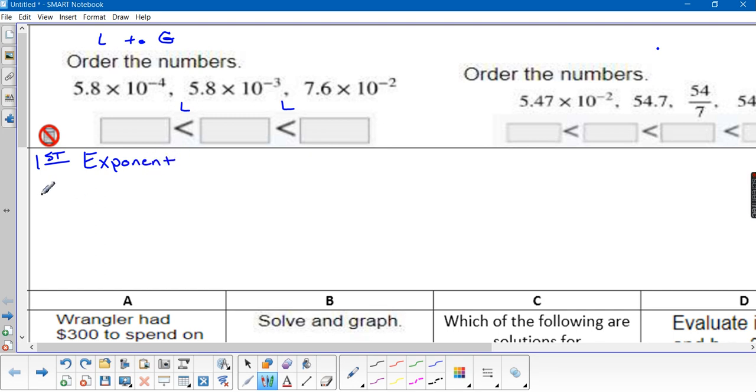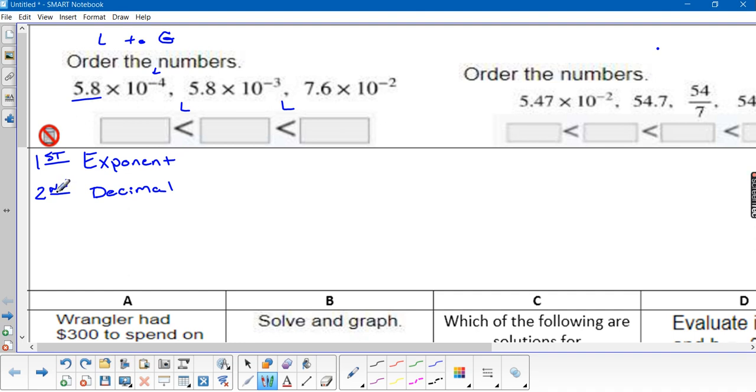If the exponents are the same, the second thing we would look at would be the decimal or first factor, coefficient, whatever you want to call it. So here's your exponent and here's the first factor.